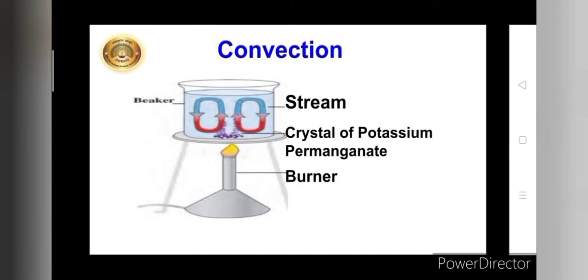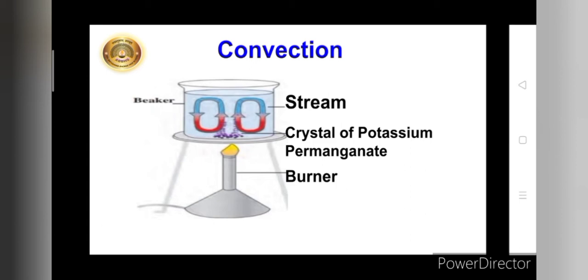We will see the purple streaks of hot water rise from the bottom of the beaker up to the surface of the water, because this water expands on heating and becomes lighter, and being lighter it rises upwards.